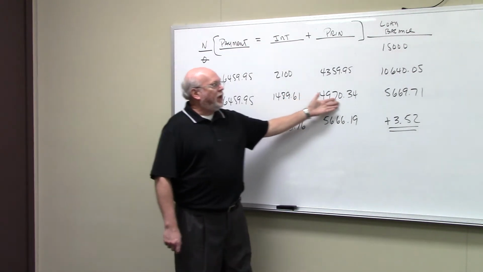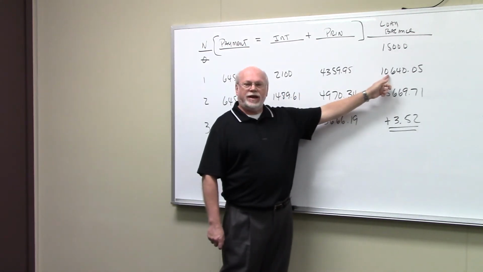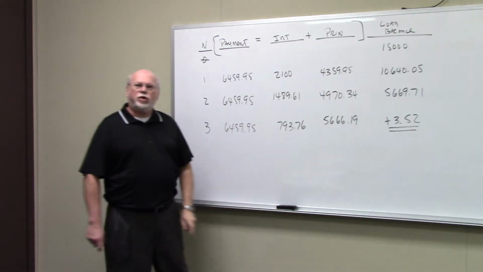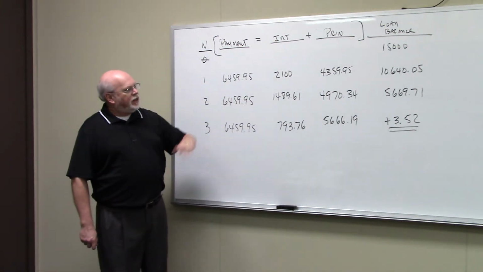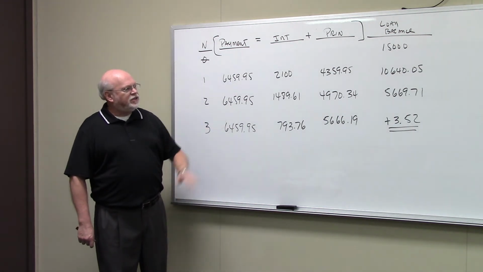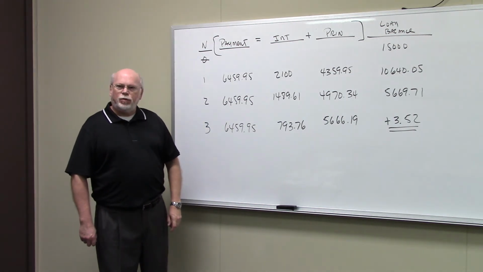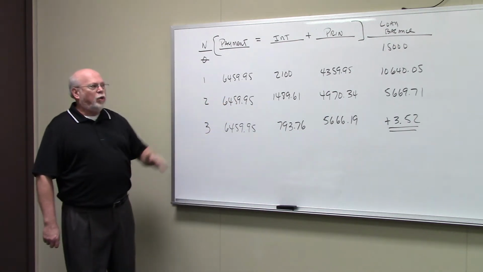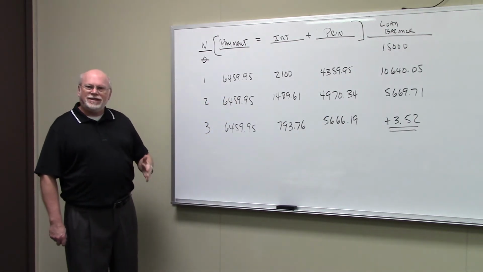What's going to be the loan balance at the end of the second year? $10,640.05 minus $4,970.34. So our loan balance at the end of the second year is $5,669.71.